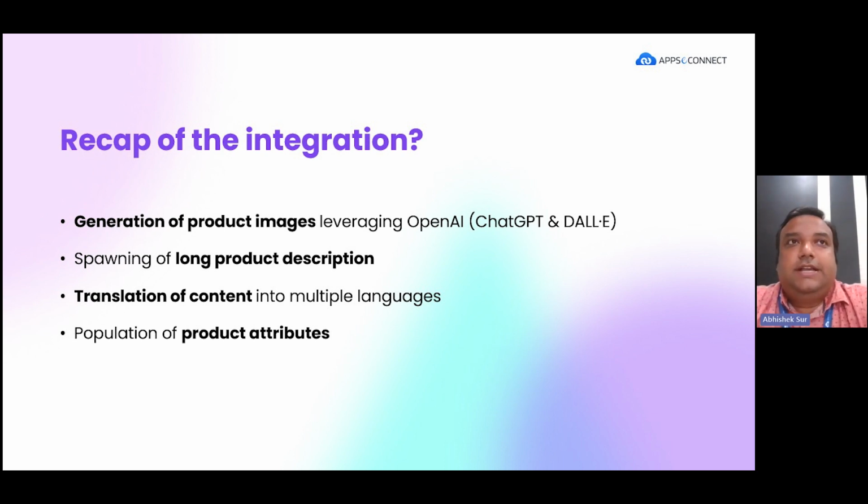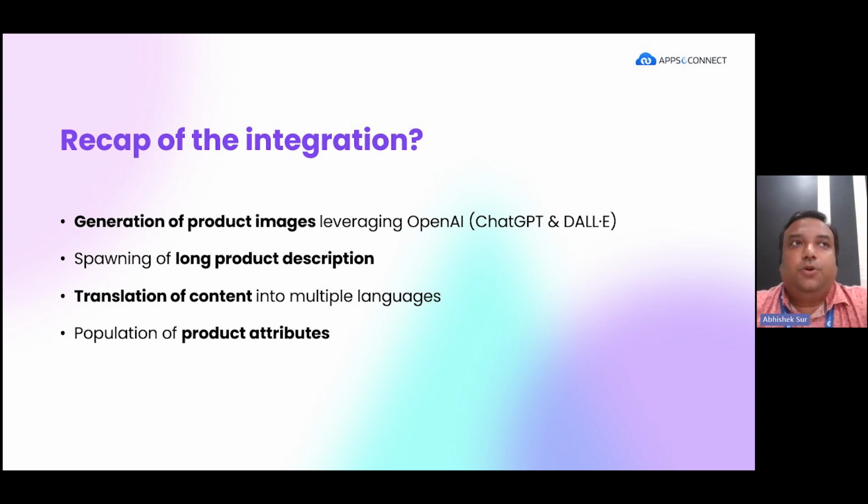For instance, let's say you have one store for French customers. In that case, the French customer might want to see the products in French. Or let's say you have another store in Spanish.